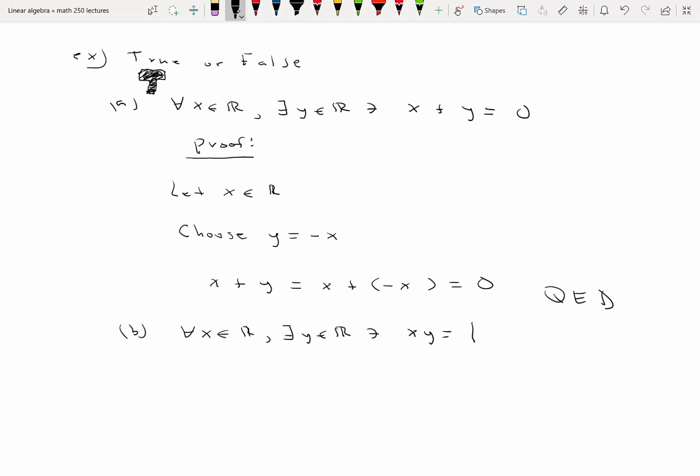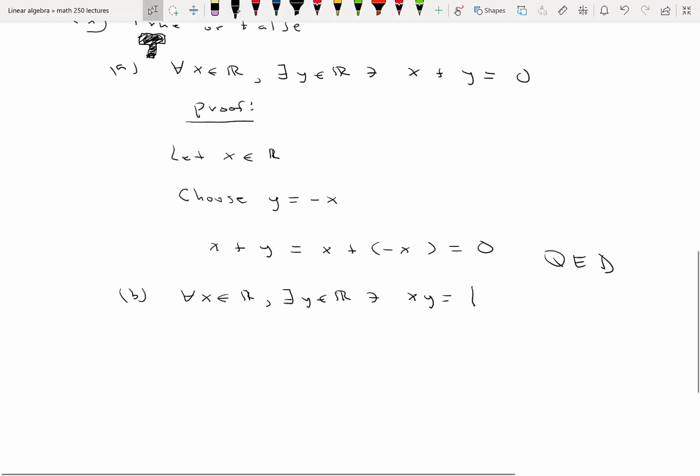Well, the tendency is to say, well, yeah. For every x, all you choose for y is the reciprocal. A number times its reciprocal is always 1. What I just said is false. This is a false statement.